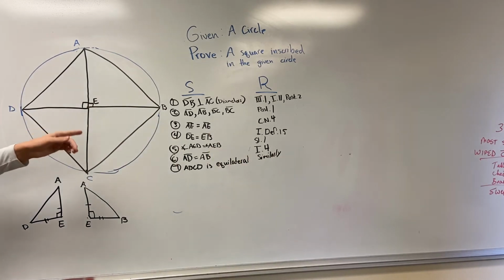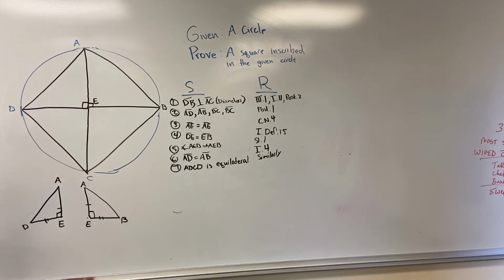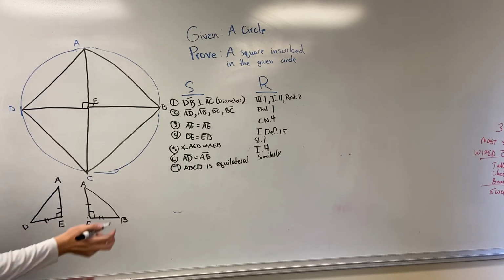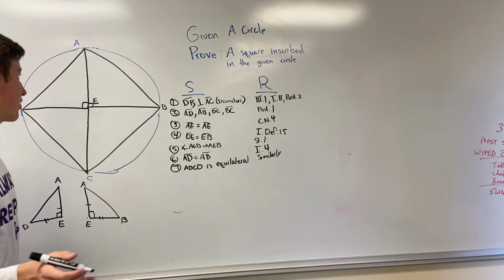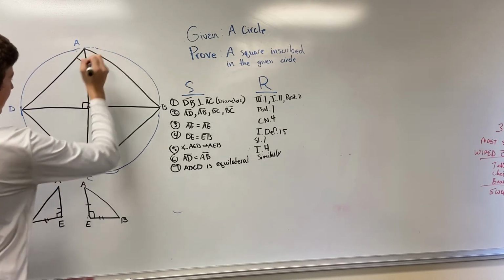Okay, so now that we have all of the sides being equal, the next thing that we need to prove is that all of these angles in the square are right angled, because they have to be for it to be a square. So we can use Book 3, Proposition 31, to say that this angle is a right angle.